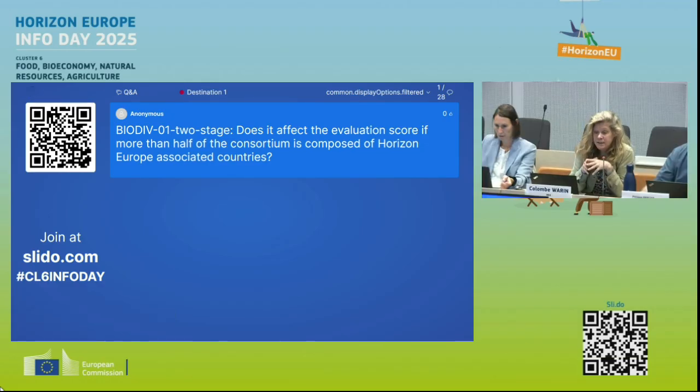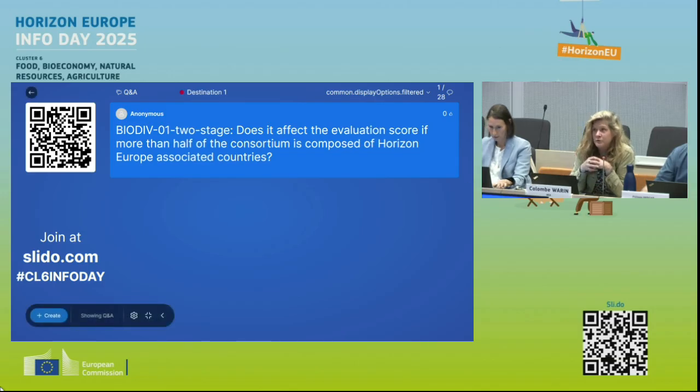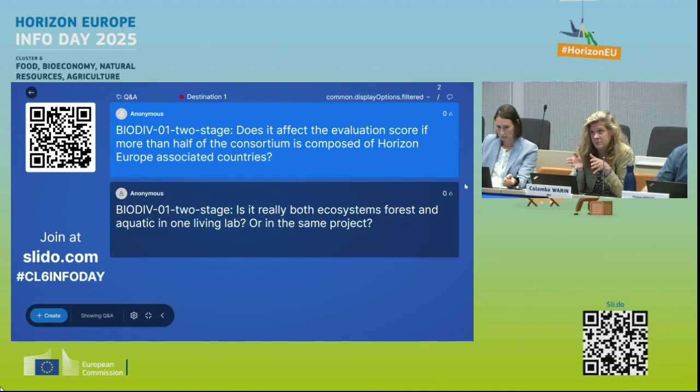Countries from associated countries are by definition associated. They can be included, but we cannot say what level of composition should be done. It's really up to you. You always have to think when you build a consortium about complementarity regarding expertise and scope. And we have 27 member states in the EU. So it is really up to the applicant.